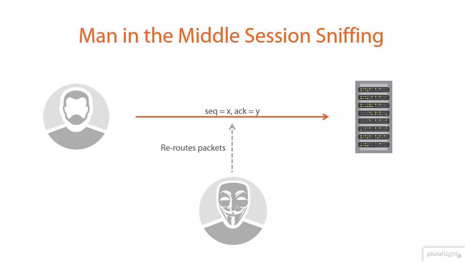Of course, there's also physical interception of the connection on the wire as well. Either way, the attacker gets in here and modifies the existing connection to reroute through them. They are now effectively a man in the middle, and they can sniff the traffic, which includes the contents of those TCP packets. So in many ways, not that different to session hijacking right up at the application level. So that's man in the middle session sniffing. Let's move on and take a look at one more TCP level session hijacking attack, and that's IP spoofing.